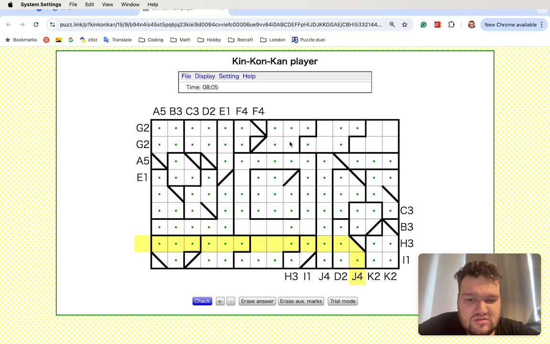But I can reach this cell, so to get to J4, to exit here, I need to turn in one of those two cells, but I need to count it from the left, and this one is used by F, so this must be the J path, like this. This one is empty.